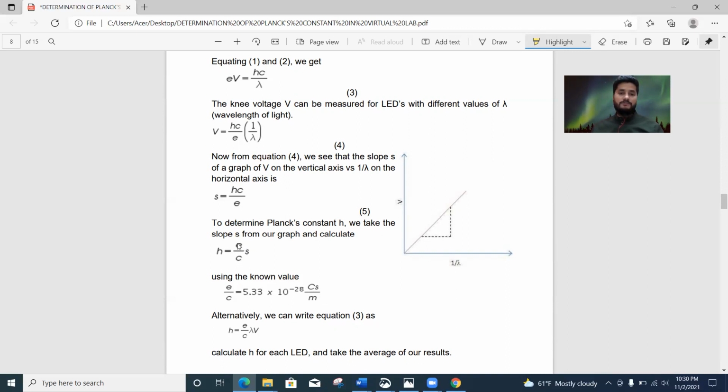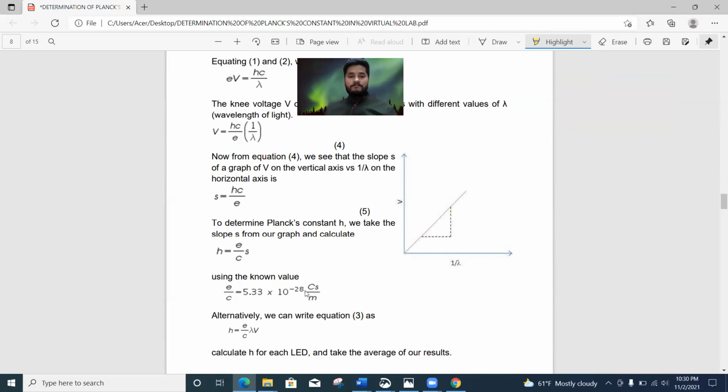The ratio e by c is 5.33 into 10 to the power minus 28 coulomb second per meter after substituting the charge of the electron, 1.6 into 10 to the power minus 19 coulomb, and the velocity of light, 3 into 10 to the power 8 meter per second.